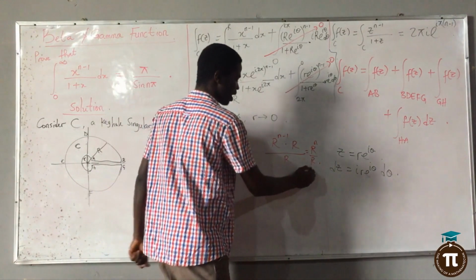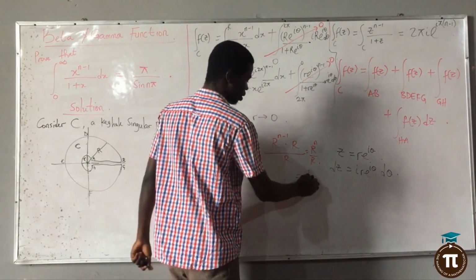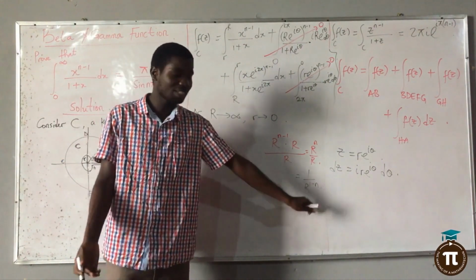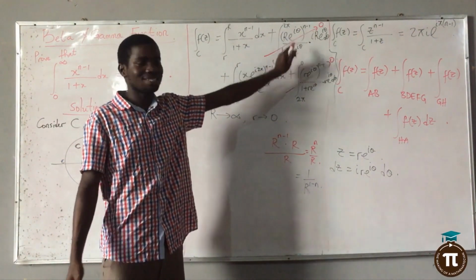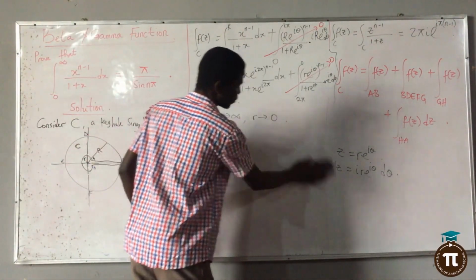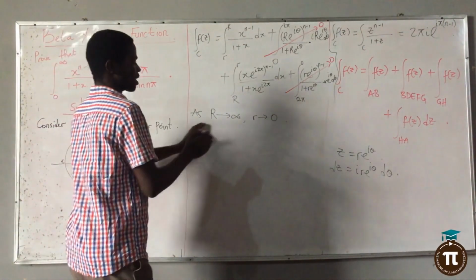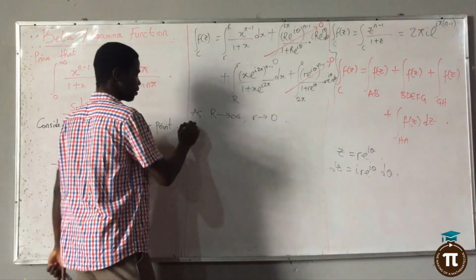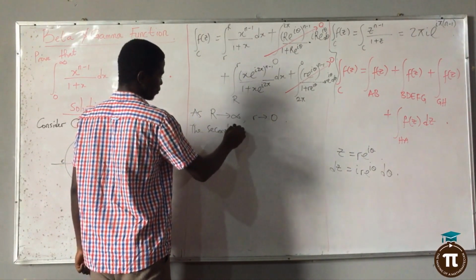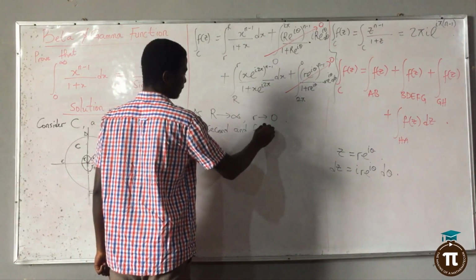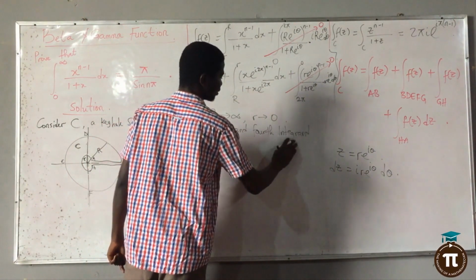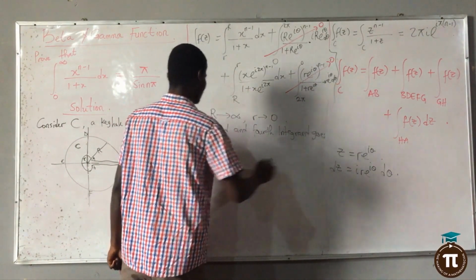So I can write this as 1 over R raised to the power of 1 minus n. And as R goes to infinity, you have 1 over infinity, and that will give you 0. So that is why this and this go to 0. So I'll be left with, as R goes to infinity, the second and fourth integral goes to 0.